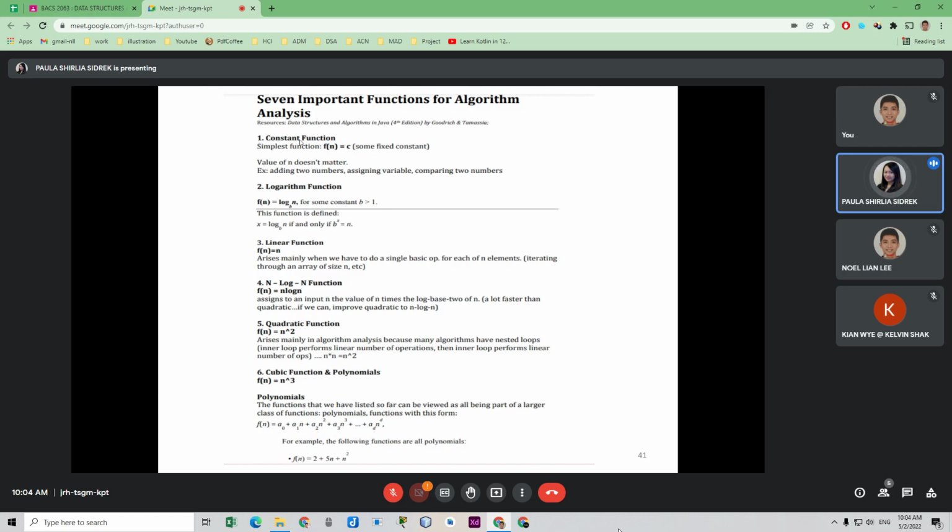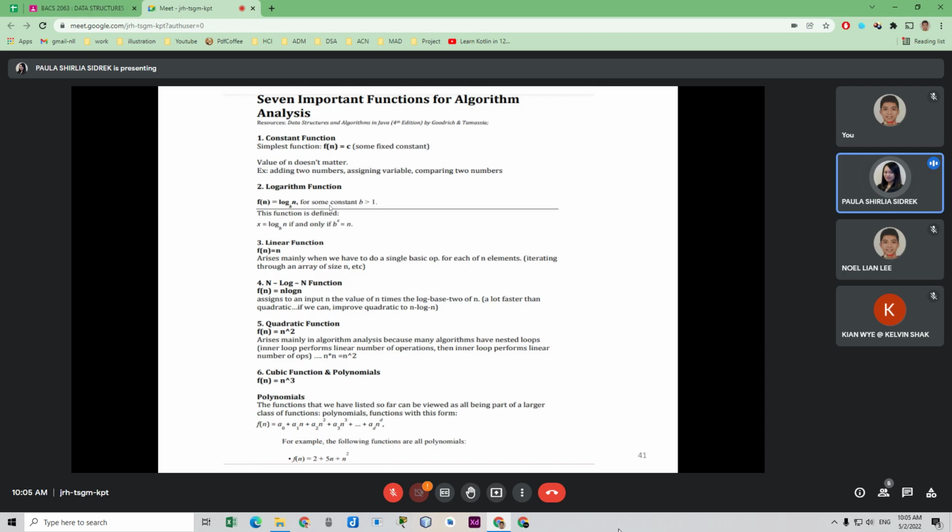1 is the constant function. The simplest function would be f of n equals c. That is some fixed constant. So the value of n over here doesn't matter. Examples: adding 2 numbers, assigning a variable, comparing 2 numbers. So that is a constant function. And number 2 is the logarithm function, f of n equals log base b of n.